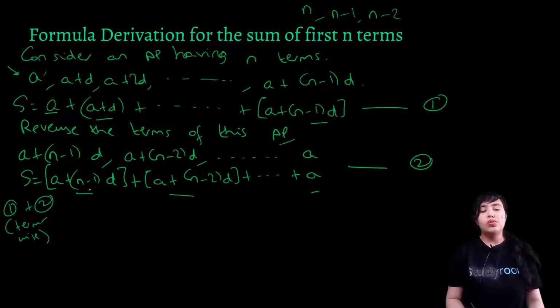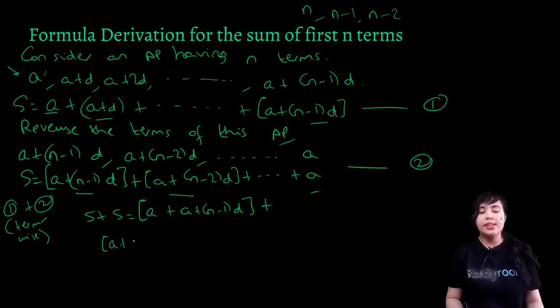So we get S plus S equal to A plus n minus 1 into D, adding the first terms. Then the second terms: A plus D plus A plus n minus 2 into D. Now time to add the last terms: A plus n minus 1 into D plus A.